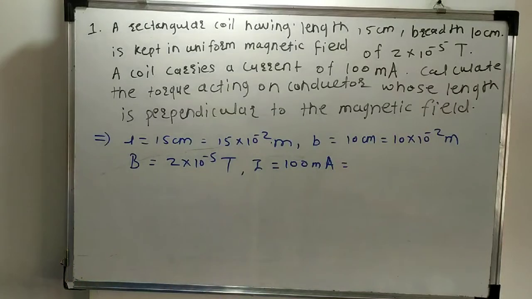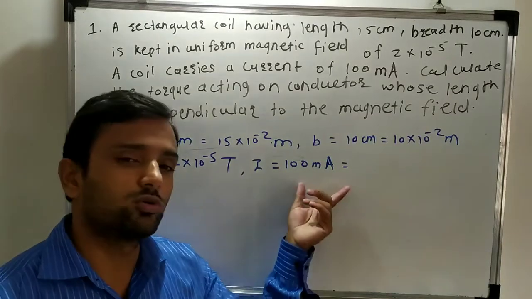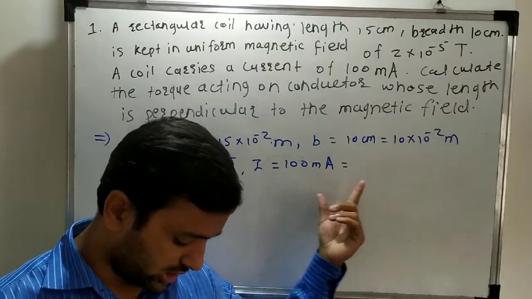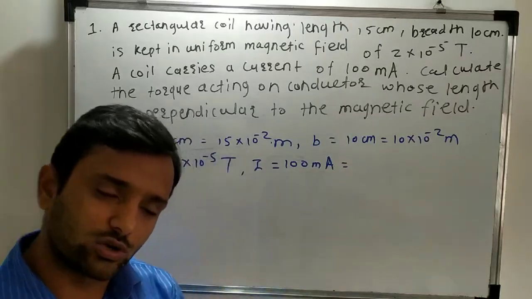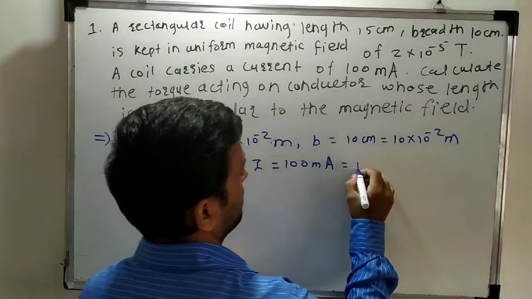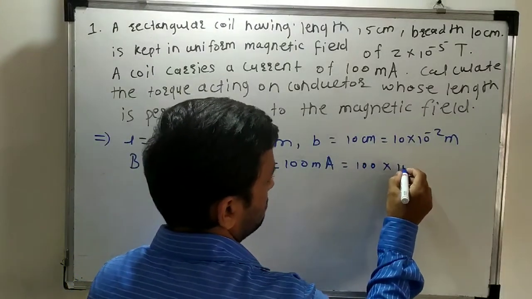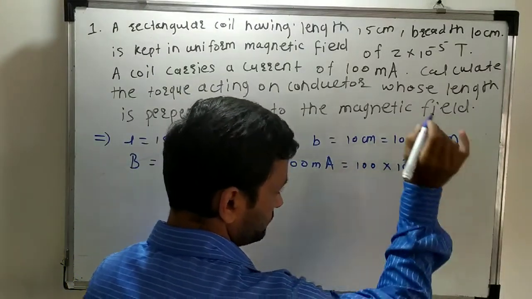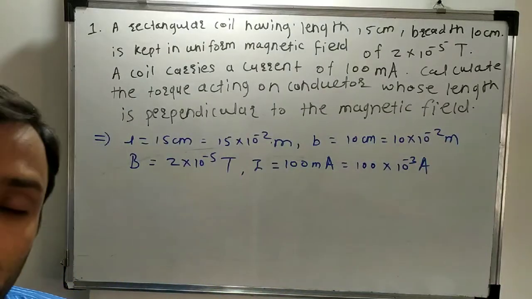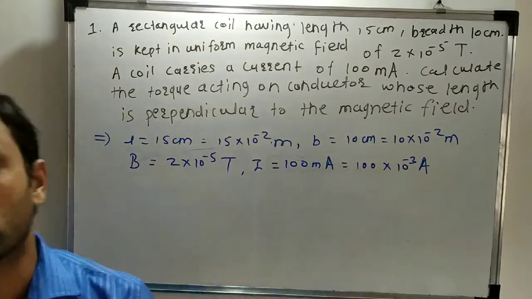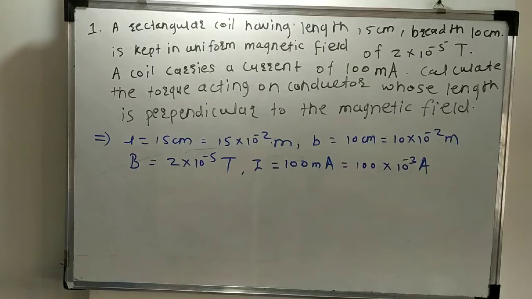Now the value is given in milliampere. How can we convert this value into ampere? While converting from milliampere to ampere, we just multiply the given number by 10 raised to minus 3.